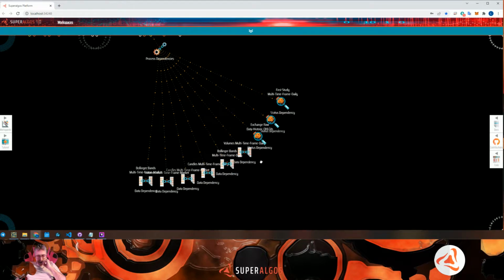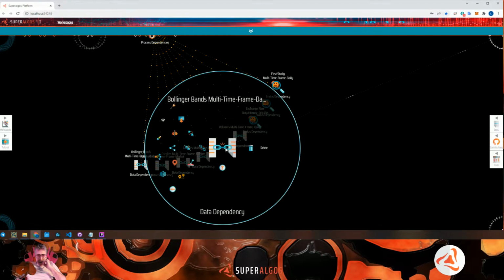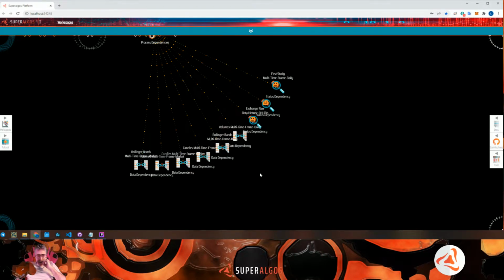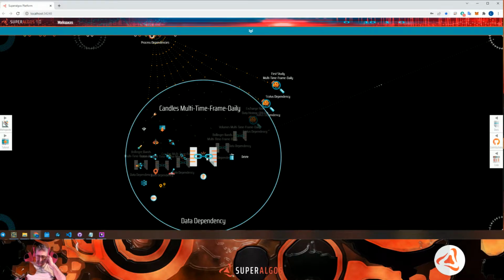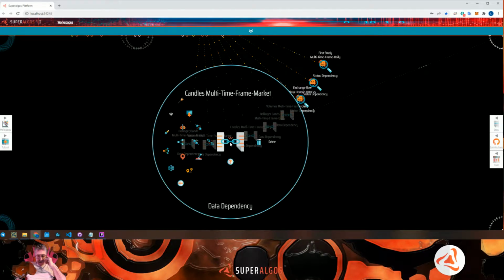Okay, because here you have the dependencies that we have. In this case, I set up as dependency volumes, Bollinger Bands and candles. Okay, so I am declaring daily dependencies for this, but I'm also declaring market dependencies.